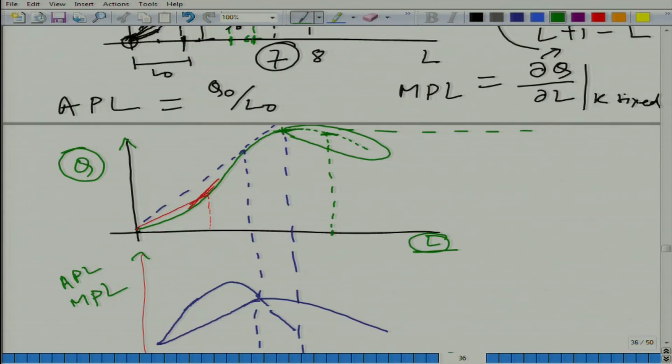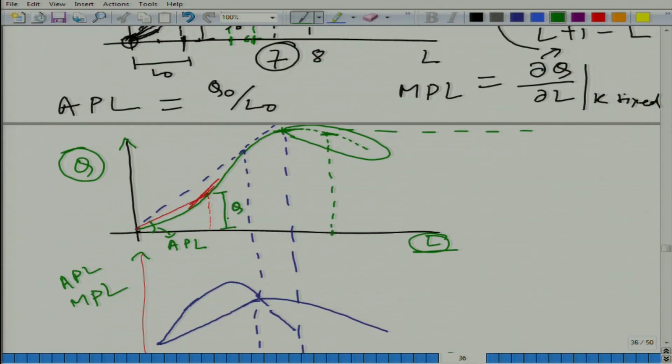Now, if we take this point, just arbitrarily, and draw a line from the origin to this point on the output curve, the slope of this line is equal to the average product of labor. Why?